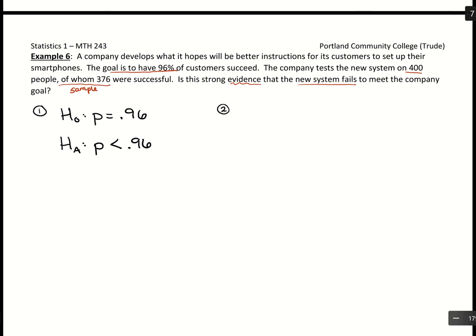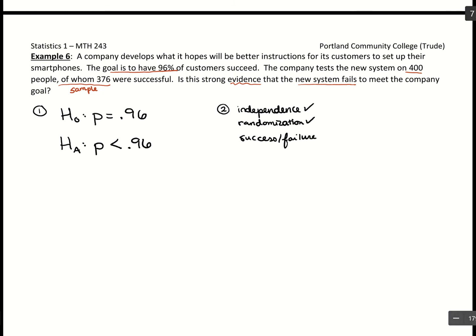So that's our first step. Then we should check our conditions. So make sure we have independence, which is how people read instructions and how successful they are in setting it up. Those are independent. They didn't say it's a random sample, but we'll assume we're good there. And then success failure.